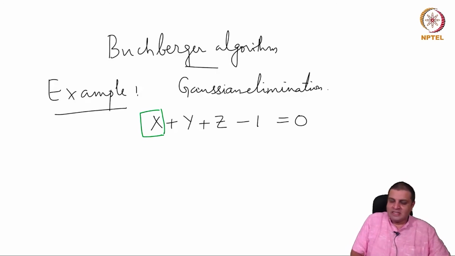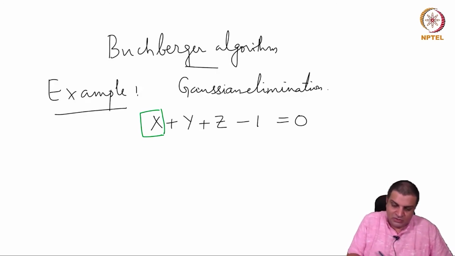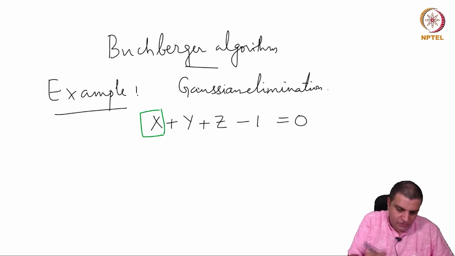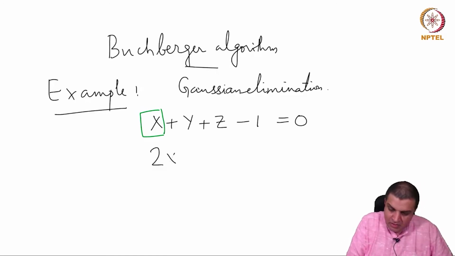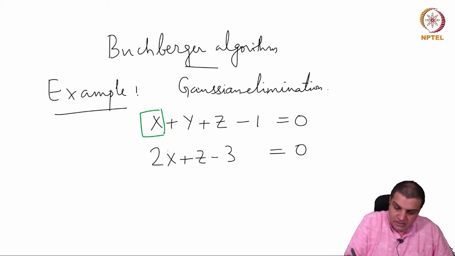Well, we don't know about leading terms when you do Gaussian elimination, but we knew we get rid of the x and so on. We'll write it in a matrix and do row reduction, but I'm just writing the same thing in polynomials to see that this is what we were doing. Okay, let's say the other polynomial is 2x plus z minus 3 equals 0, whose leading term is this.